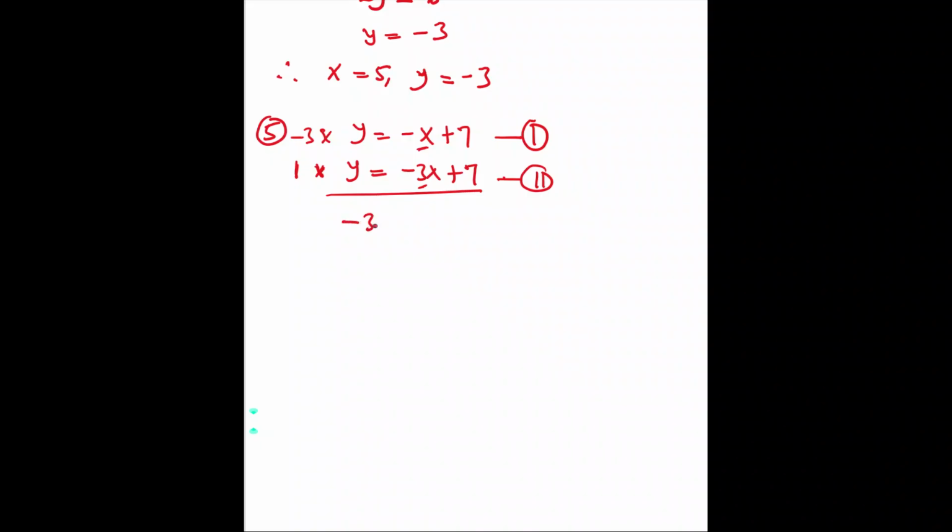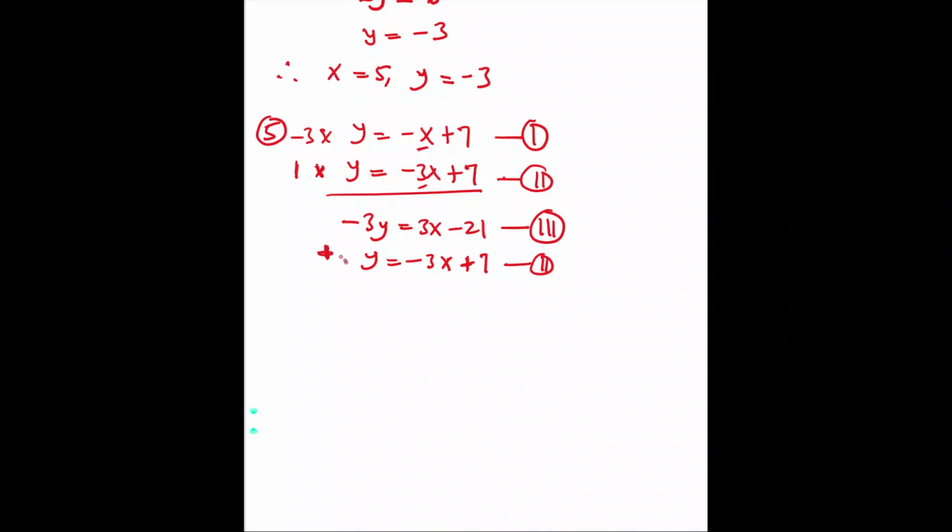So when we multiply by 1, for equation 1, it will be minus 3y equals 3x minus 21. That will give us equation 3. And equation 2 is still going to be the same. It's y equals minus 3x plus 7.